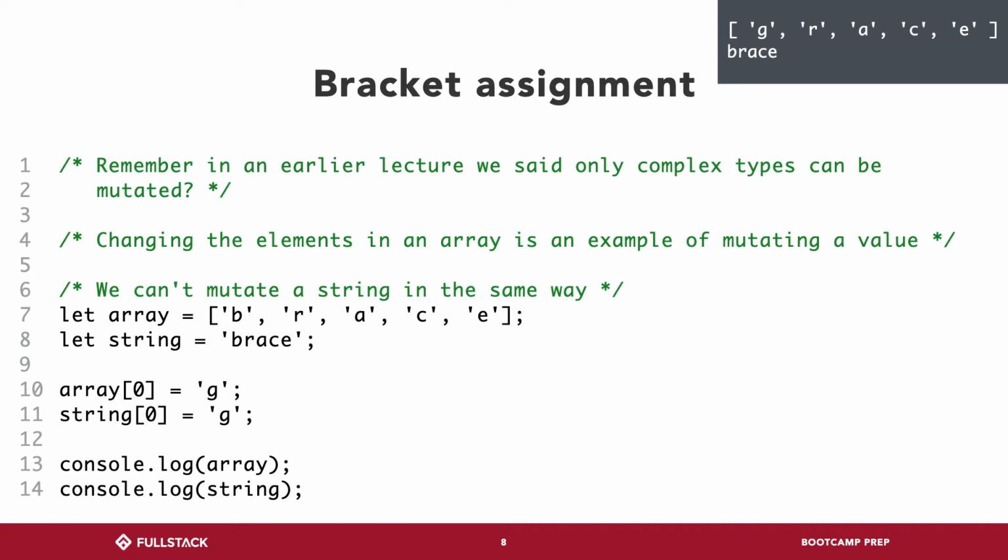Then I'm saying array at 0 is now going to be G. I'm going to change that into Grace. And I'm also saying string at 0 is now going to be G, and I'm going to try and change the string into Grace. But we can't do that. The array gets updated with the G, but the string does not, okay? It just doesn't work like that. So don't try, because it won't work. Does that make sense?